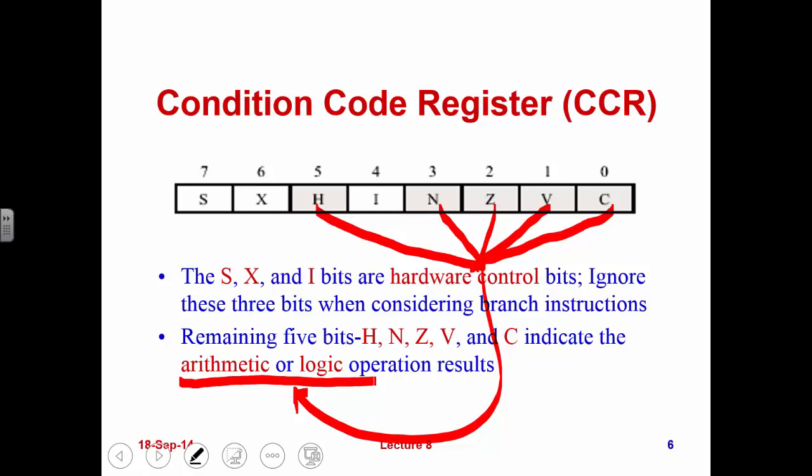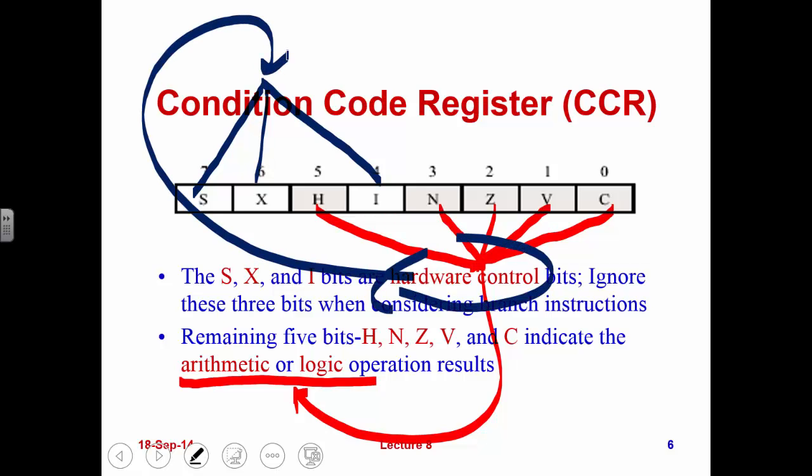Some other bits, here I show you those bits: I, the interrupt mask, X, the external interrupt mask, and S. Those are mainly for hardware control. In general, when we study branch instructions, we never check those hardware control bits.